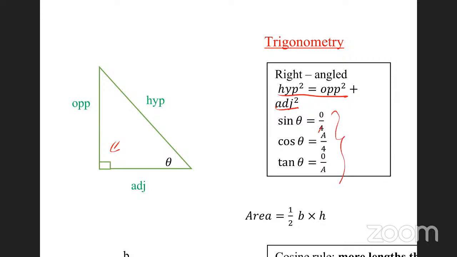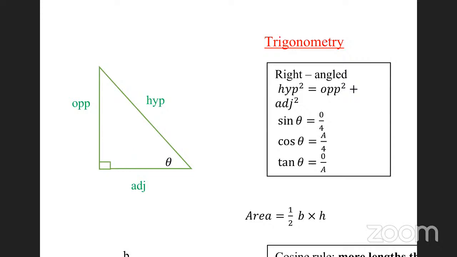You have to find a way to remember them, like SOH CAH TOA. You have to learn them. And remember, you only use these rules when it's a right angle triangle.